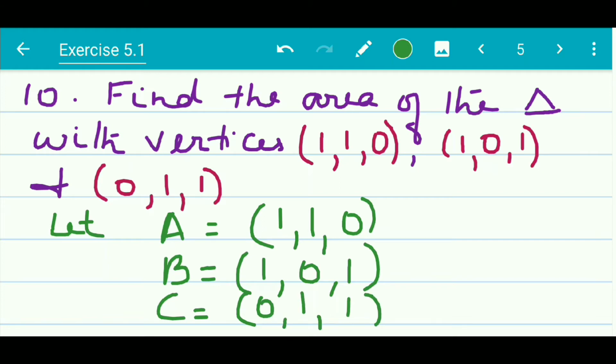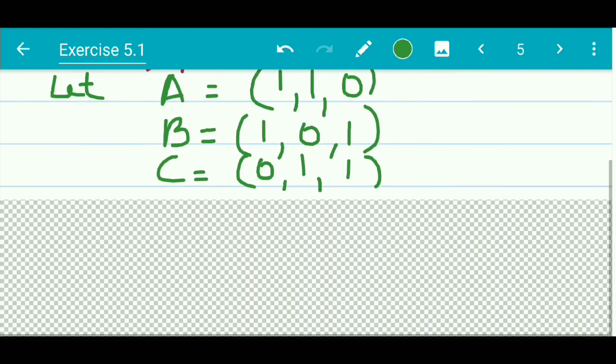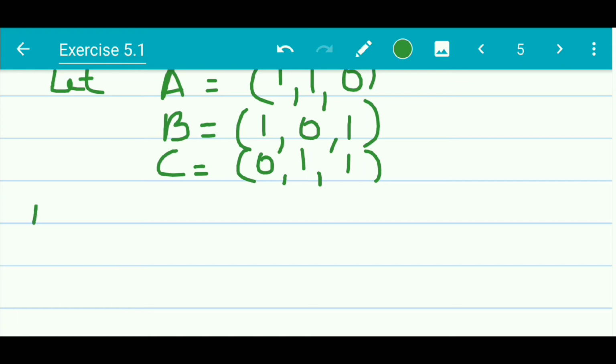So we use the distance formula and find the length of the three sides of the triangle. In the previous lecture we covered the distance formula with respect to 2 points in space.